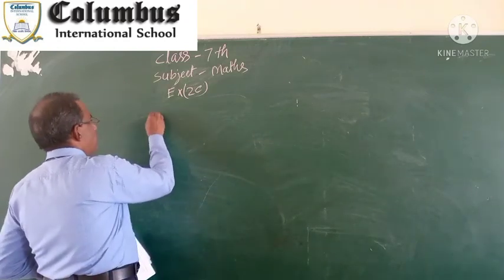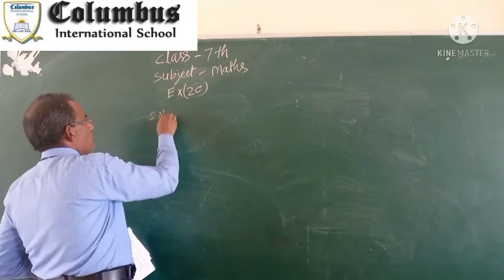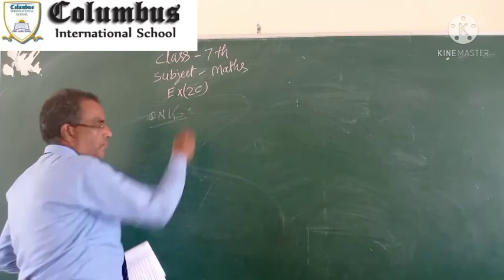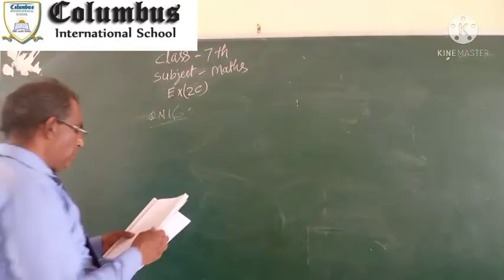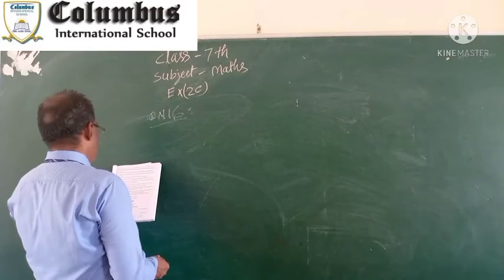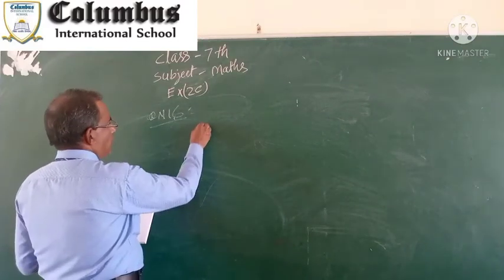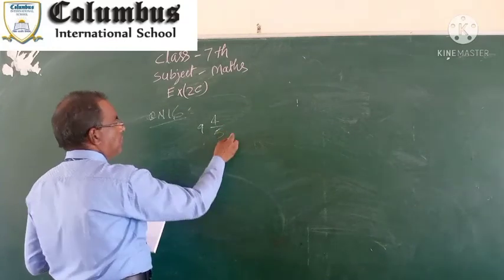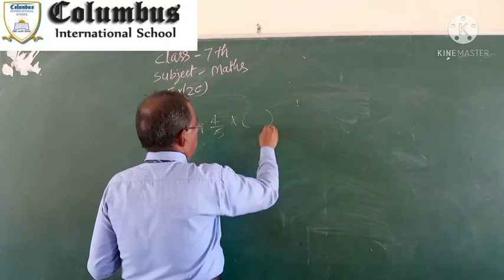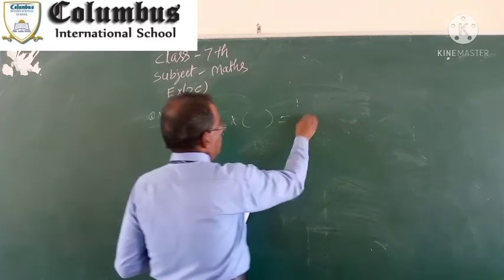Question number 16. By what number should 9 4/5 be multiplied to get 42? 9 4/5 into a number, its result is 42.